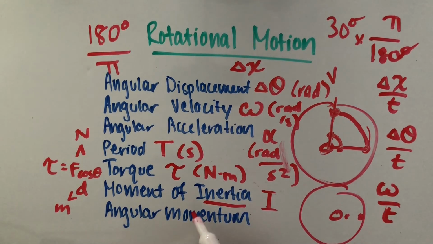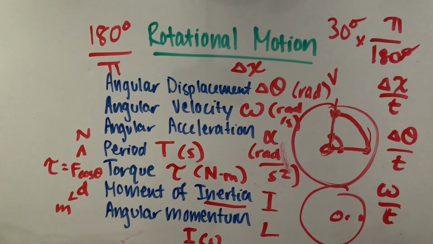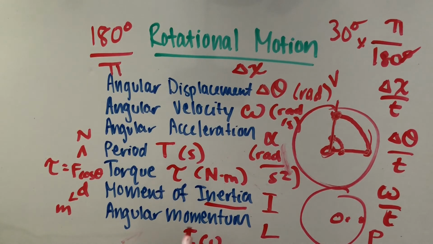Now this is going to play a part in angular momentum, since angular momentum is equal to the moment of inertia times the angular velocity of an object, and this is going to be written with a capital L. So angular momentum is similar to translational momentum, which remember is written as P. So angular momentum is basically going to be an object's moment of inertia times the velocity that it's currently rotating at.